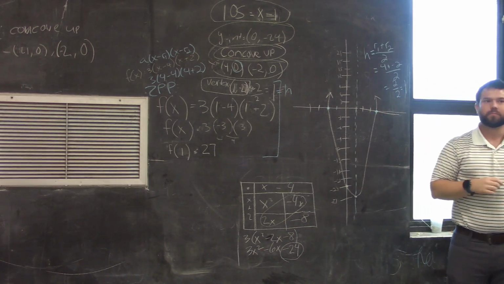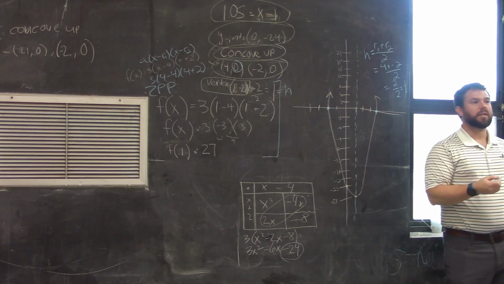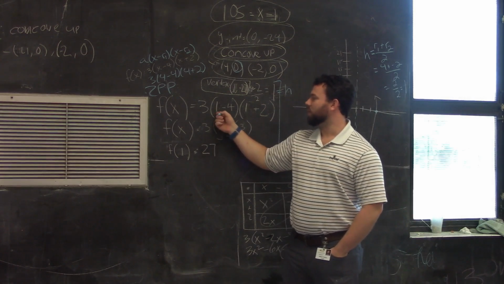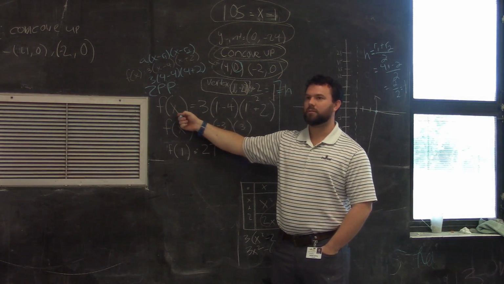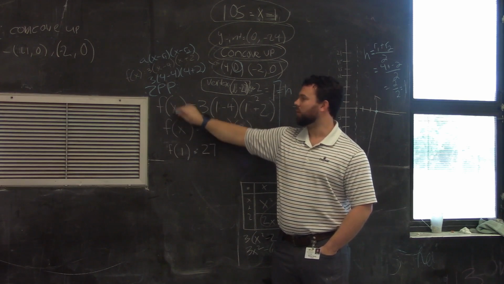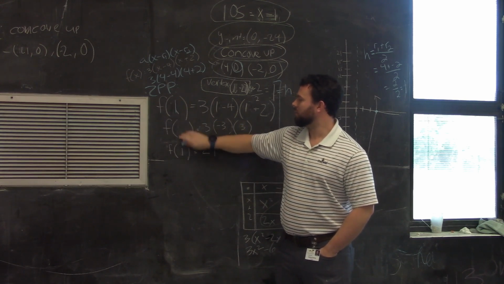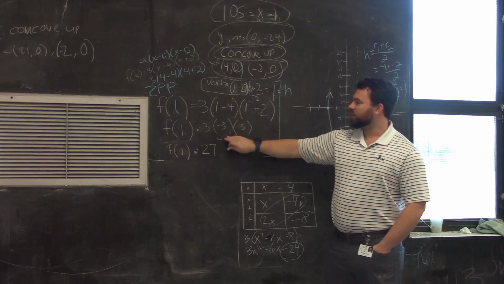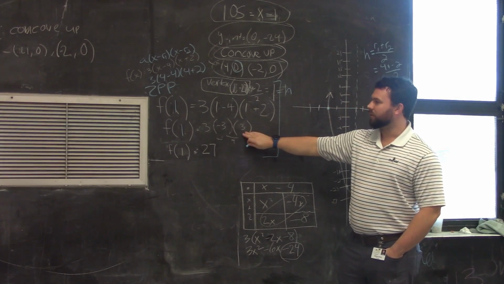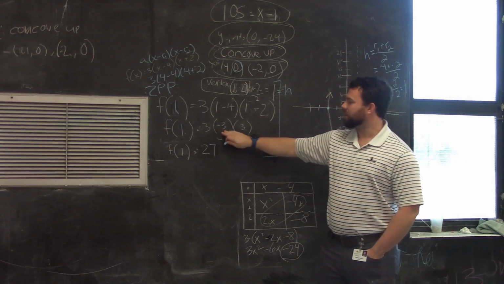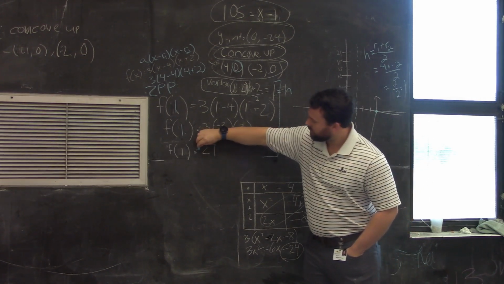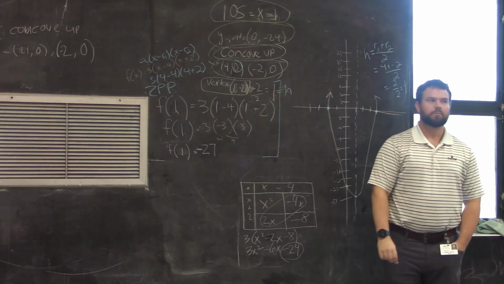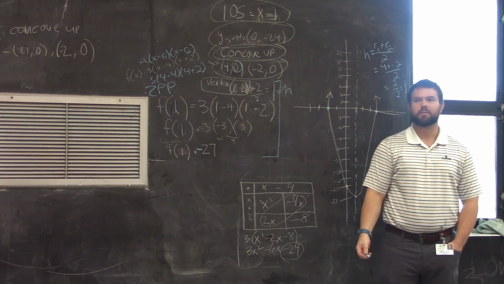They substituted that 1 in, didn't they? Now, once you substitute 1 in here, you should not have an x here. What should you have? A 1. So 1 minus 4 is negative 3, 1 plus 2 is 3. And so 3 times negative 3 times 3 is, and they did get negative 27. There's my vertex, h and k.